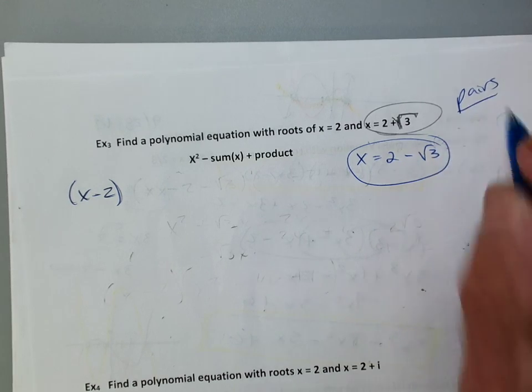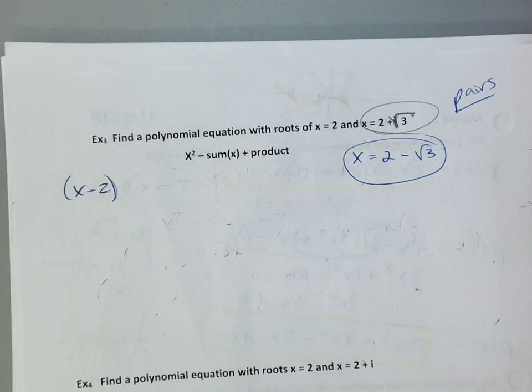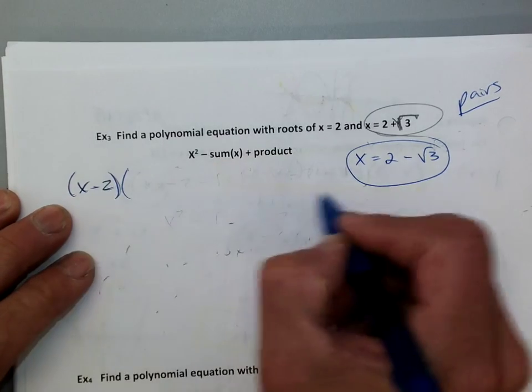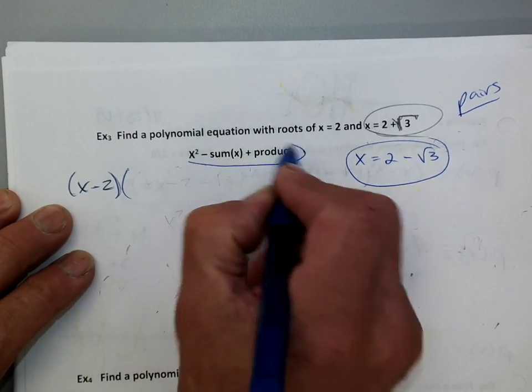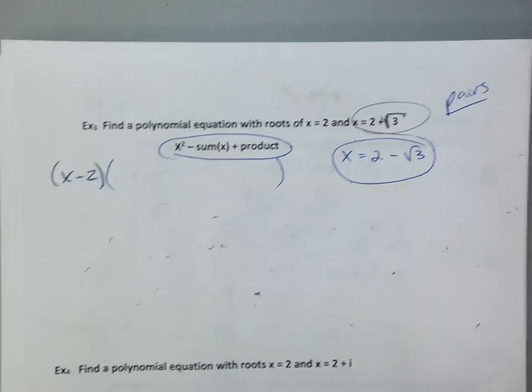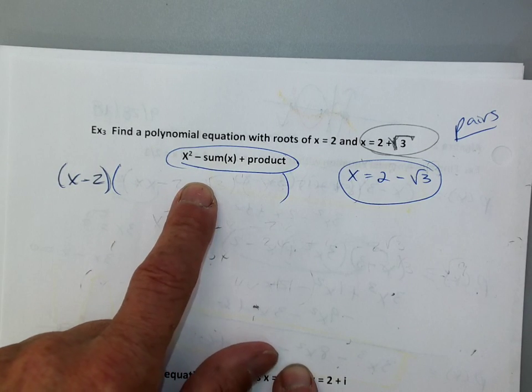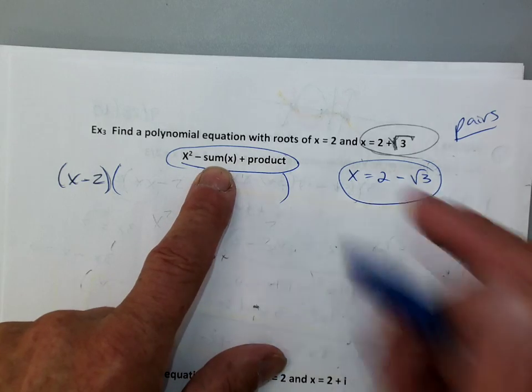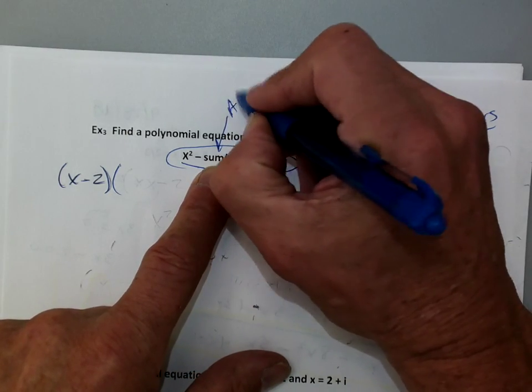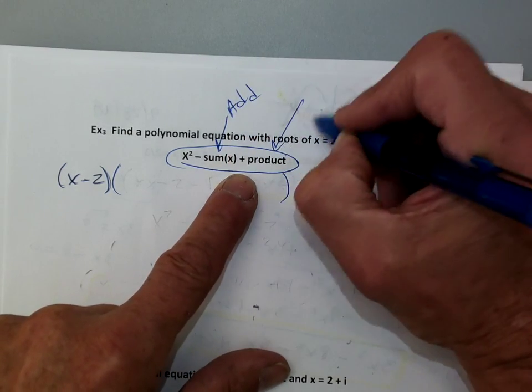And we know they come in pairs because when we take the square root of any number, we always get a plus or minus, okay? Now, parentheses. We're going to use this formula right here instead. So it says x squared minus the sum plus the product. Now, sum means to add, and product means to multiply, right?